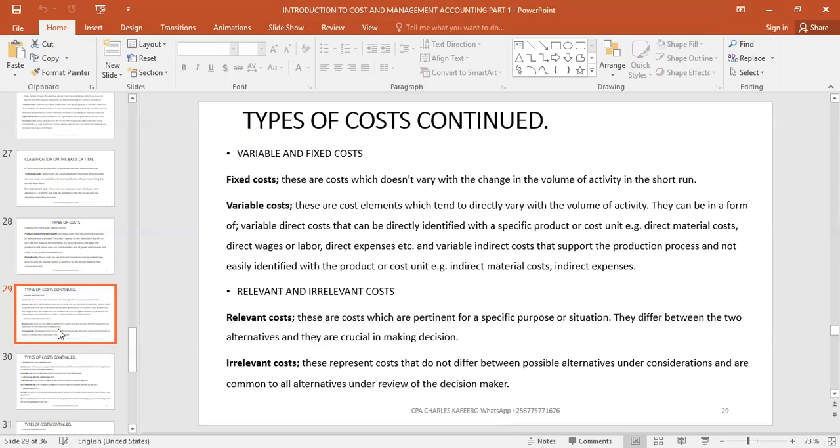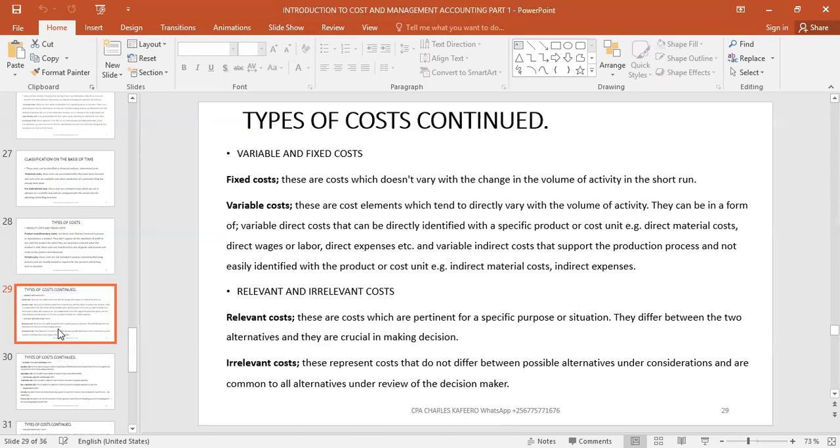But the relevant costs are the costs which come as a difference in the business ideas we are appraising. You may find that certain items have different costs which we incur, and the other one doesn't have them.